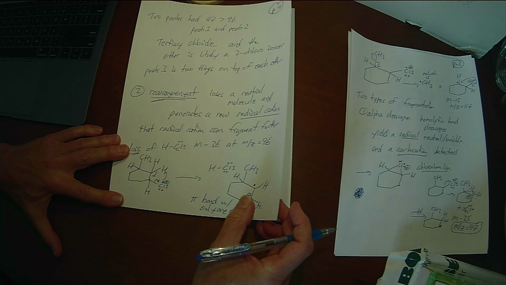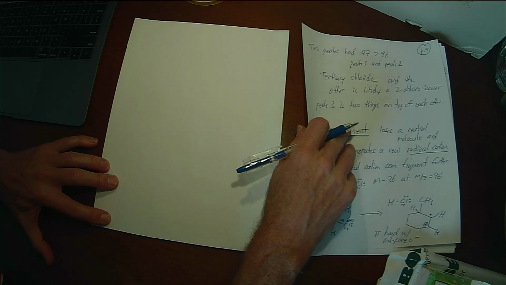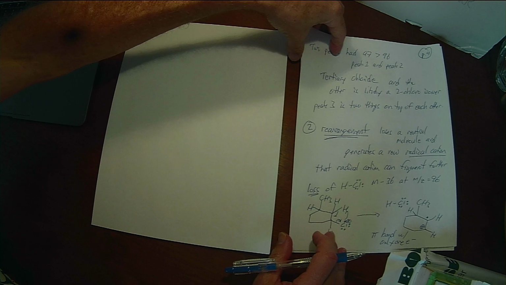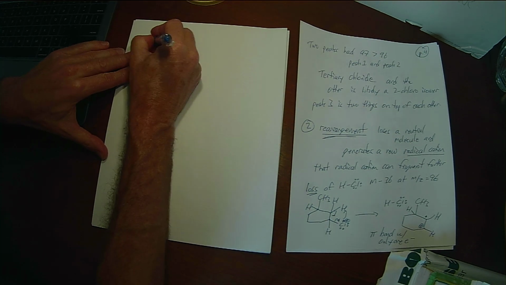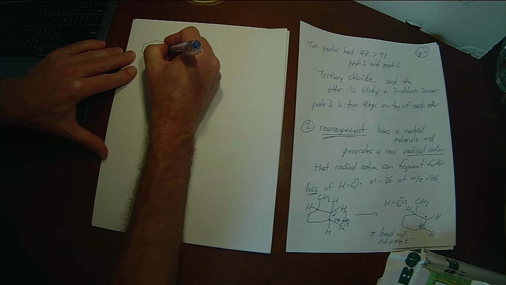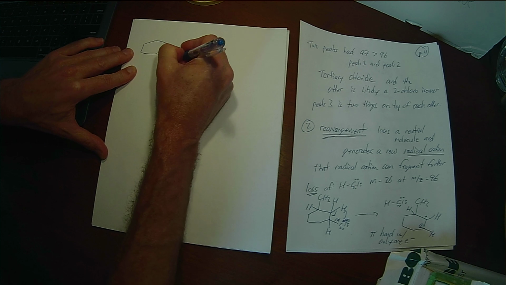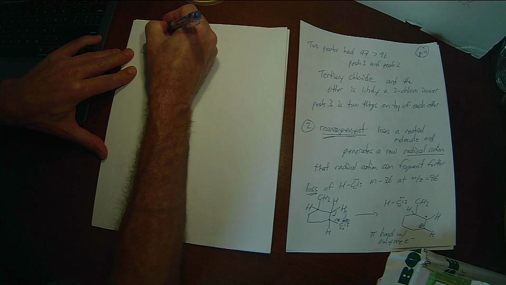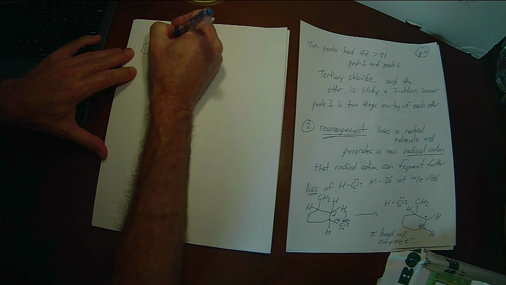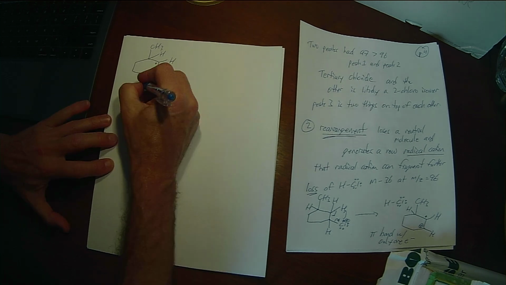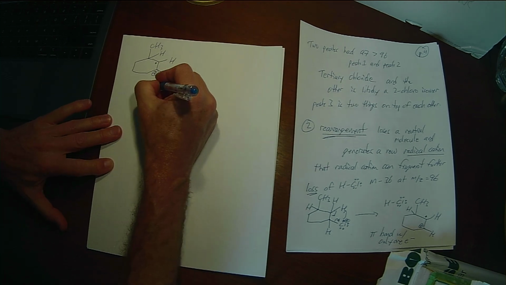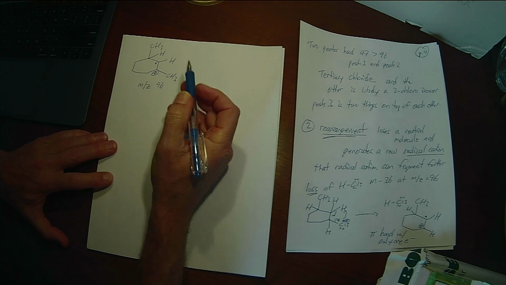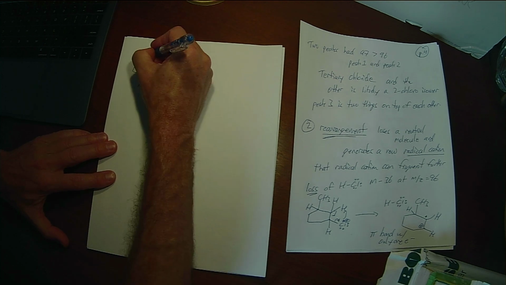And then that can fragment again. So the question is, how might that fragment if what you had was this? Right. So this is the thing that has the M over Z equals 96, but then it can pretty readily lose the methyl group.